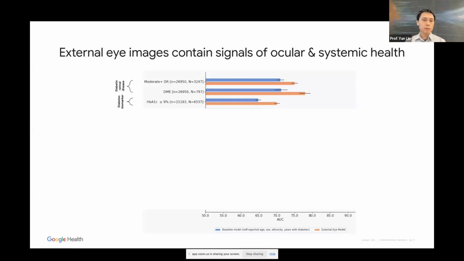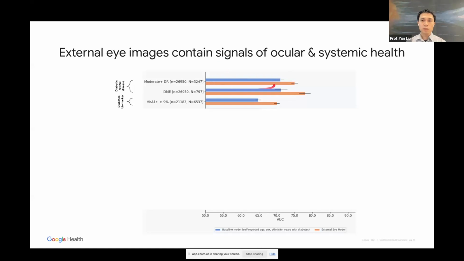What we found was that using external eye photos, we were able to train the model to detect retinal diseases, so DR, as well as A1C. In the plot, what we're comparing over here, the blue is a baseline. In this case, the baseline includes a logistic regression model that is trained using age, sex, and years of diabetes.